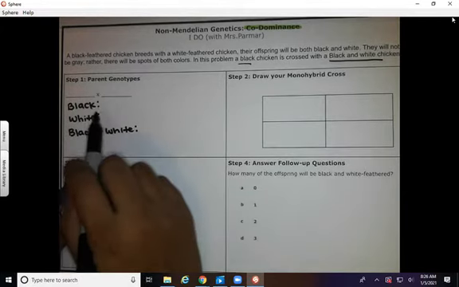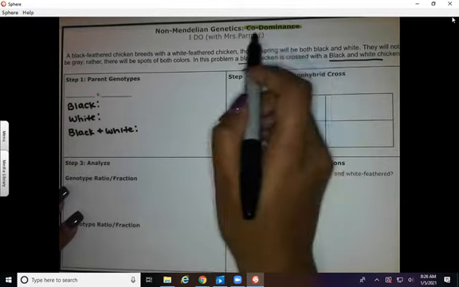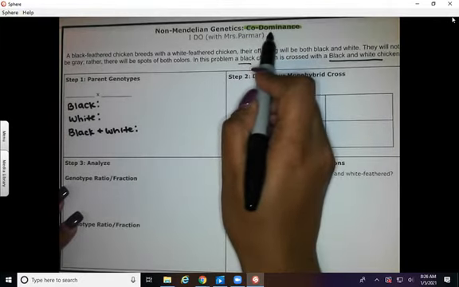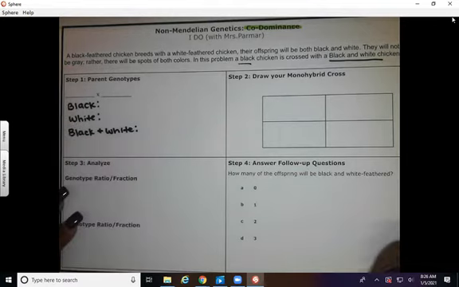Alright, so notice here that I'll be writing these differently because we're doing codominance. Dominant means big letters, so I can only use big letters in this situation.